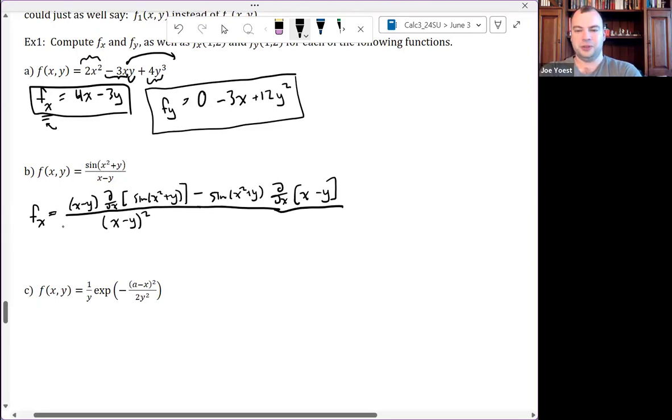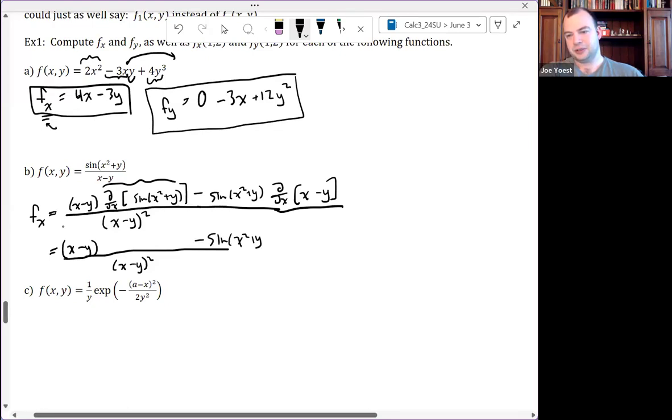My product rule, quotient rule, chain rule, all work exactly the same under that constraint that when I'm taking the partial of f with respect to x, I think of x as the variable, y as a constant. So this gives me x minus y over x minus y squared. Let me come back to this one. But we have some stuff, minus sine of x squared plus y.